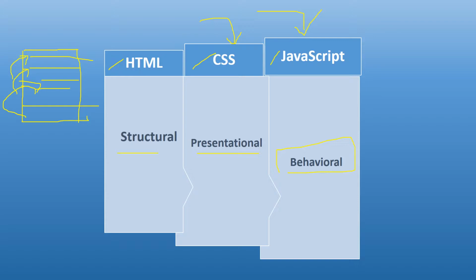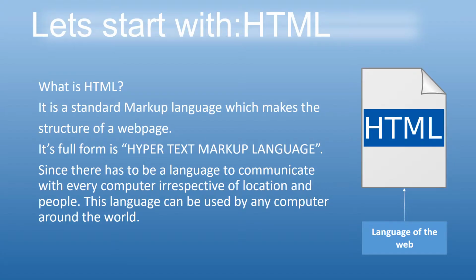Today's course is only about learning to start with HTML. I'll give you some basic idea about tags and how it works, and let's move on to this slide, where we understand what HTML is.